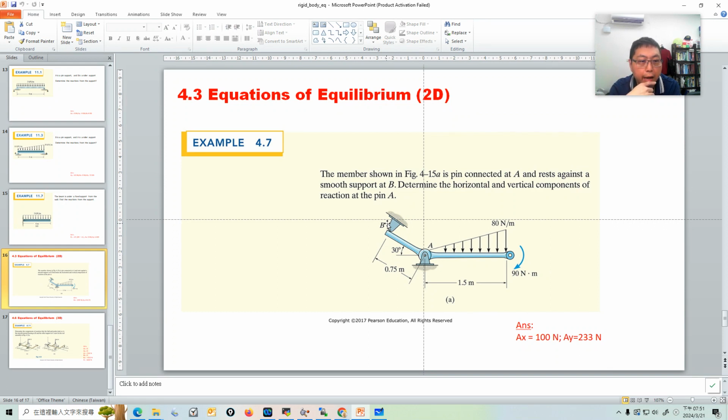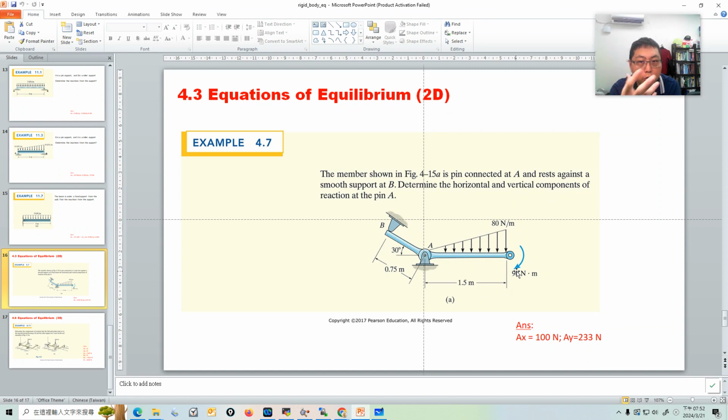The device is given a distributed load and also has an applied moment. We are asked to calculate the horizontal and vertical components of the reaction at the pin support. A pin support only has reaction forces, so let's calculate the horizontal and vertical components of the reaction at pin A.